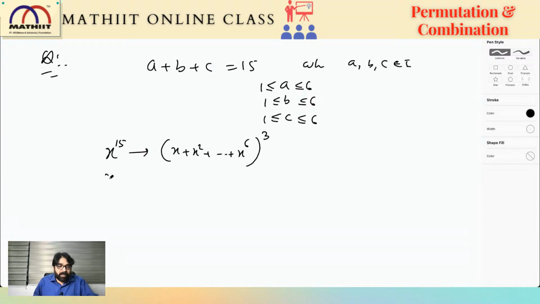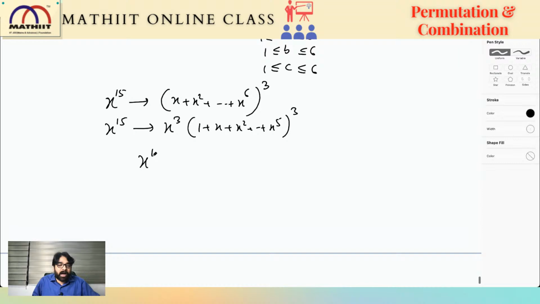We can take x common, so we get x power 15 in x cube into (1 plus x plus x square and so on till x power 5) whole cube. Correct? The x power 15 in this total is the same as x power 12 in the remaining part, because x cube has to give 3, then only the total 15 will be obtained.